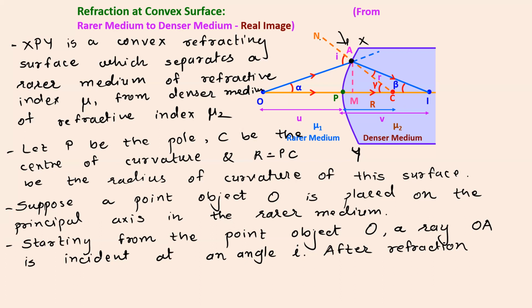AC is the normal, or we can say NC, better. It moves towards the normal and follows the path AI, right? And two rays are going to meet at point I, and that is how we got the image I on the principal axis.